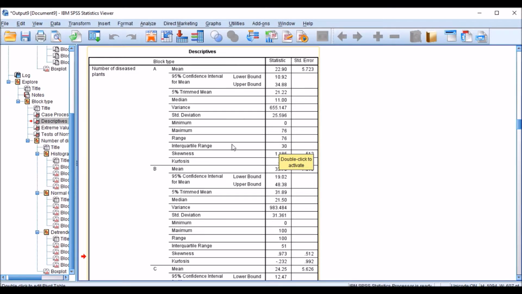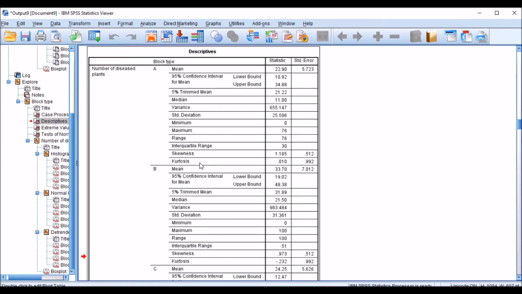Apart from this, we have two more things: skewness and kurtosis are given. In a histogram, skewness shows how the data is skewed, whether it is in the middle or skewed to the right side or left side. When it moves to the left side, it is minus. If it moves to the right side, it is plus.